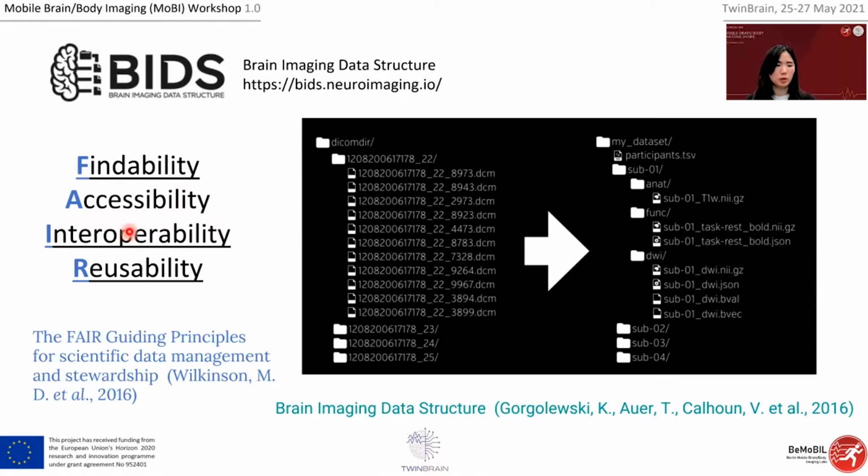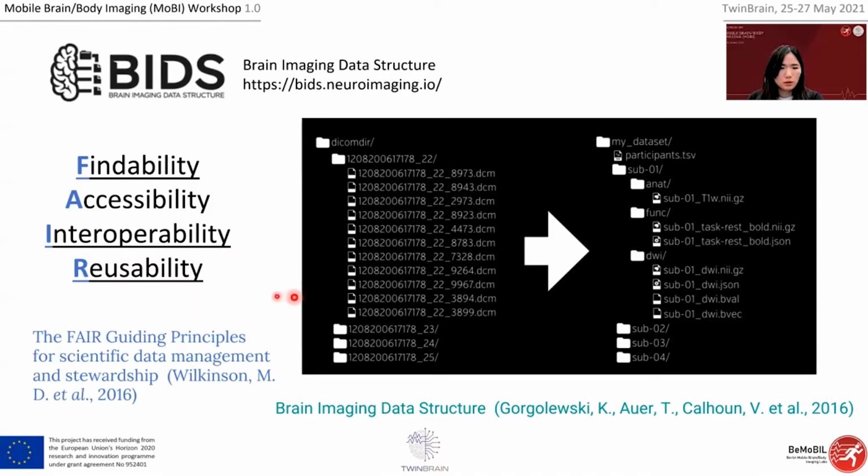So it should be possible to use an automatized pipeline on the data. And BIDS does this by designating data formats for each modality. And reusability refers to the aspect that when a data set is being shared, all the information that is needed to reuse the data has to be in place.